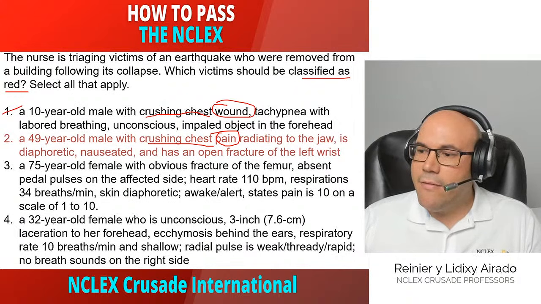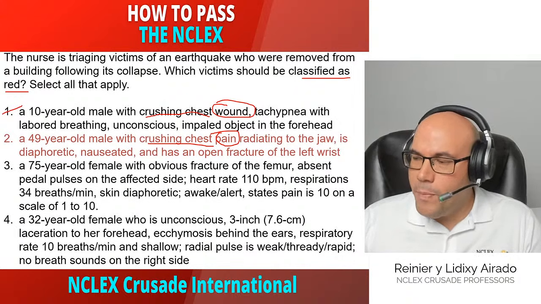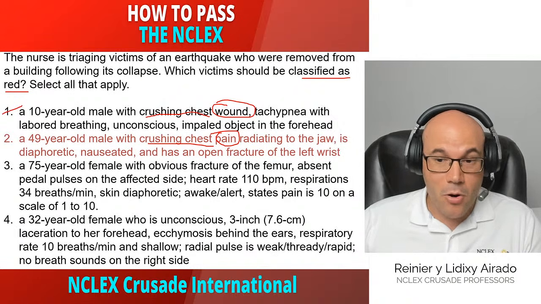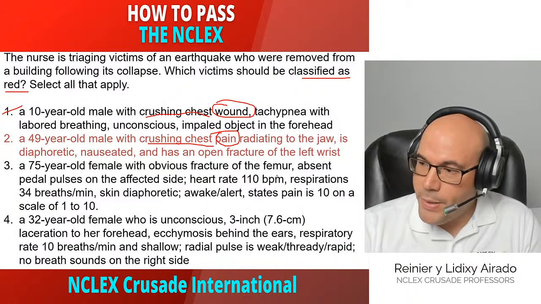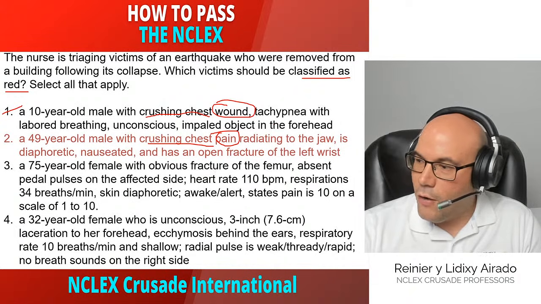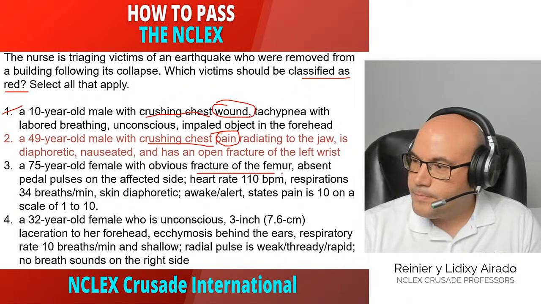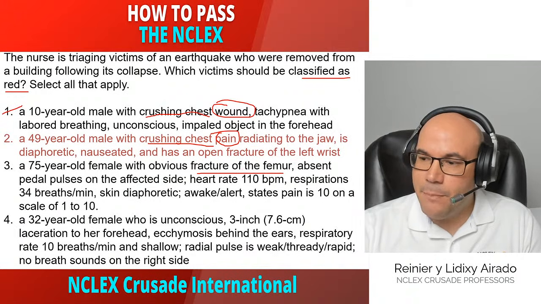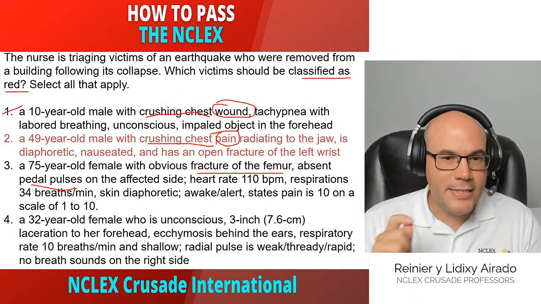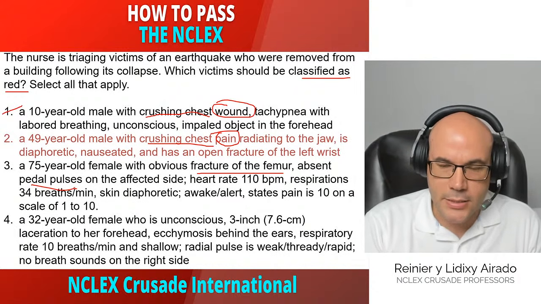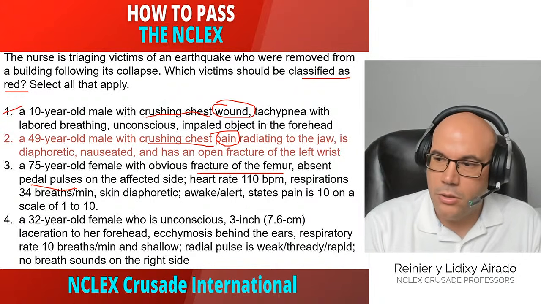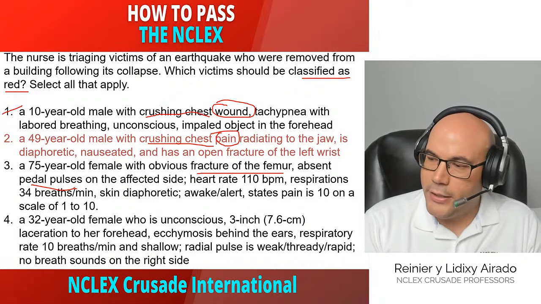Number 3, a 75-year-old female with obvious fracture of the femur. Oh, important one. Long bone. Obvious fracture of the femur. Absent pedal pulses. What is this? Absent pedal pulses. Circulation compromise on the affected side.